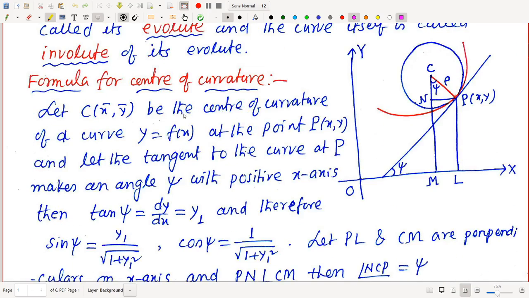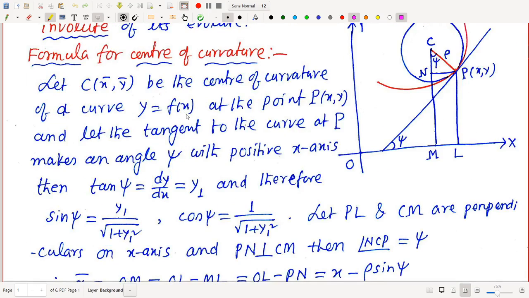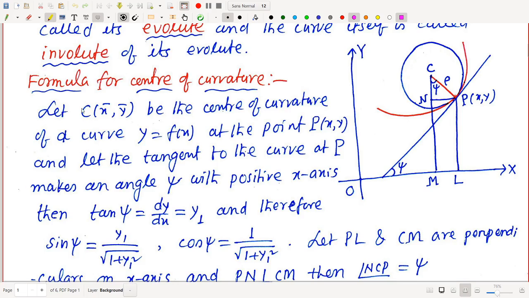So let us find the Cartesian formula for the center of curvature. Let C with coordinates (x bar, y bar) be the center of curvature of a curve y equal to f(x) in the xy plane, at the point P(x, y).